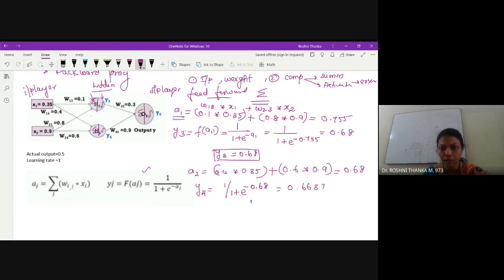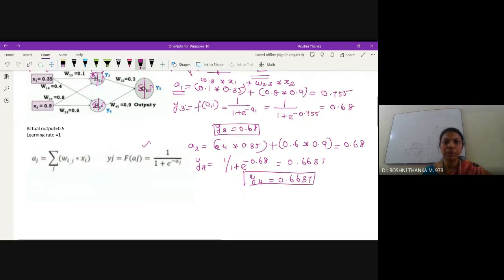So now we got y4, the output of the second computation unit, which is 0.6637. This is the output you get out of this.